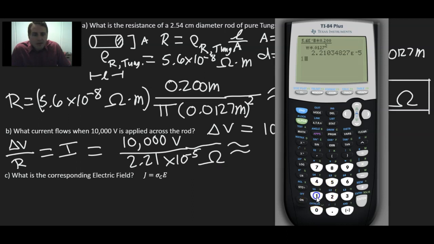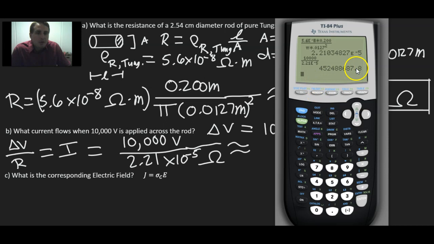So we have 10,000. Oops, let me stack this up. Okay, better. 10,000 volts divided by 2.21 times 10 to the minus 5, and that's ohms.